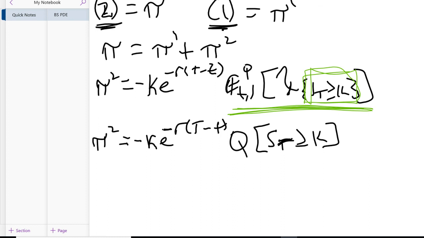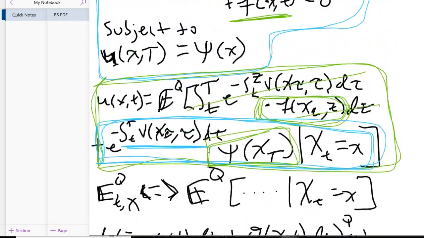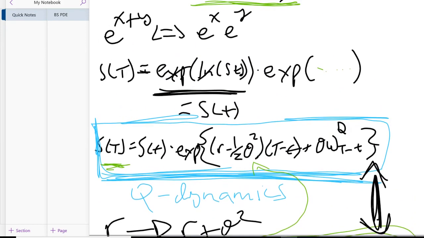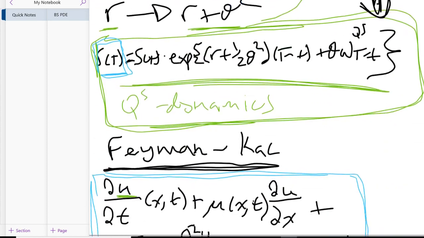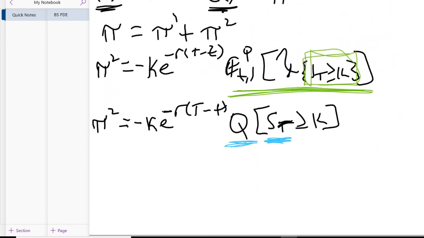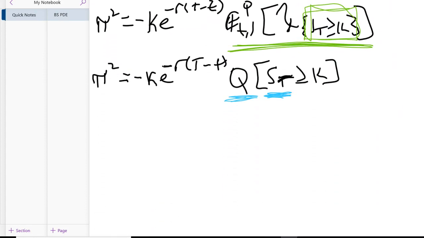Now, this is where we need to remember what ST is, and again, that was given in the last video. And again, we are under probability measure Q. So it's going to be this formula here, the Q dynamics of S. And again, here I was using parentheses, and now I'm just using subscripts. So S subscript T is that solution.